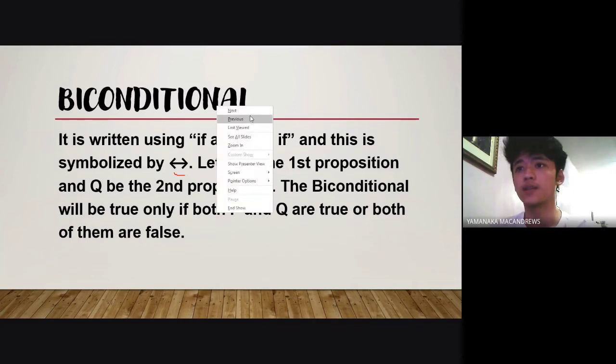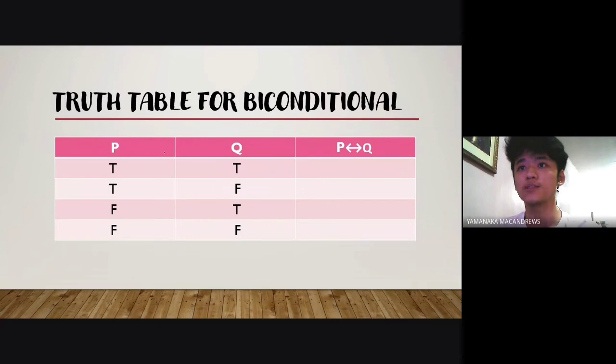So, let's have an example. This is the truth table for biconditional. As you can see in the first example, if P is true and Q is also true, our compound biconditional is true because both of our propositions are equal, which satisfies the biconditional.